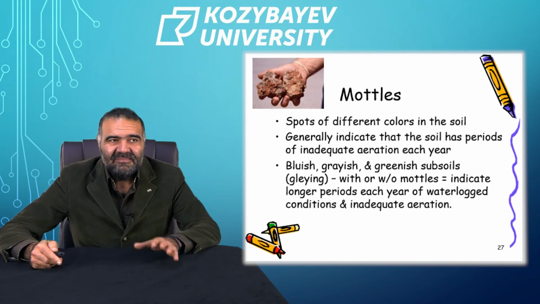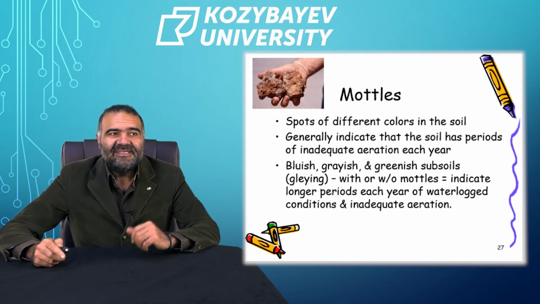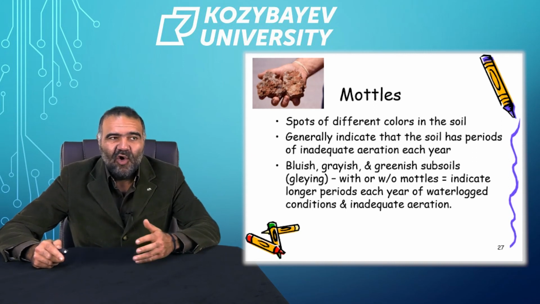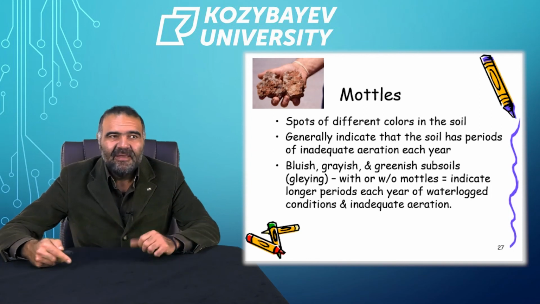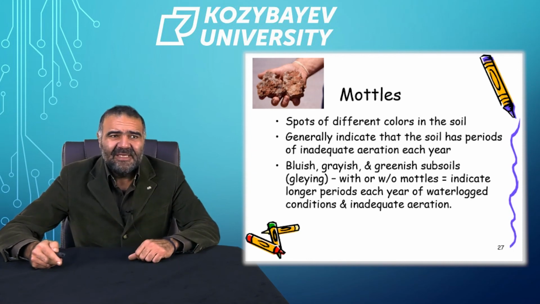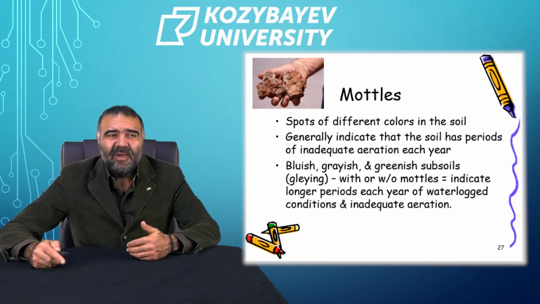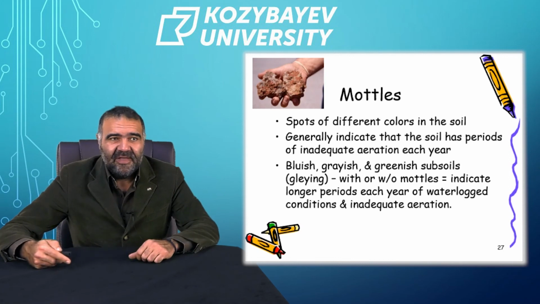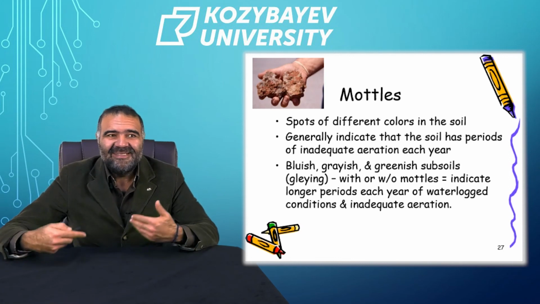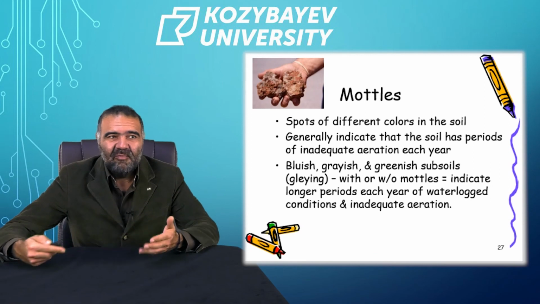That means that sometimes it is flooded, saturated with water, and it gives bluish, grayish, greenish colors, and we call this process gleying. Gleying is generally when we have only these colors in the soil. That means the soil is permanently saturated by water.